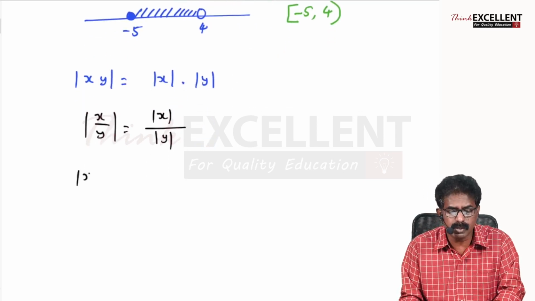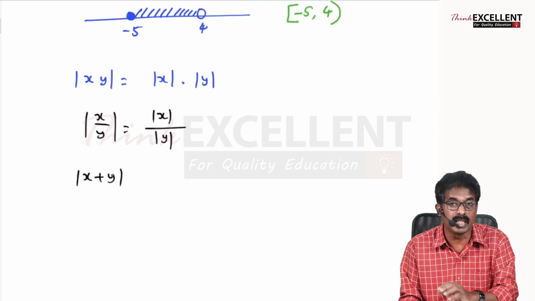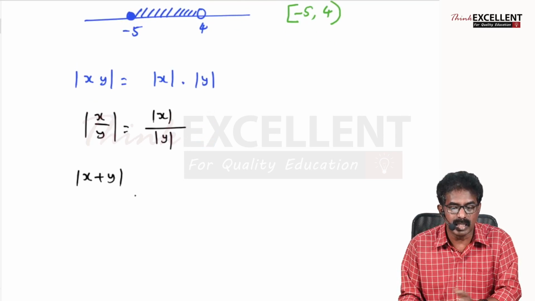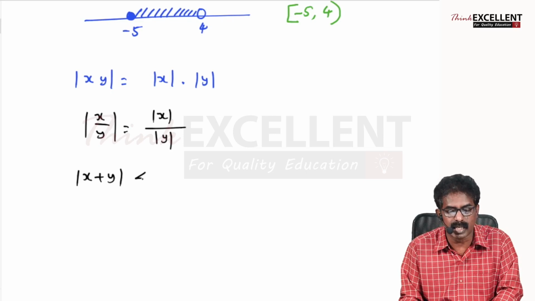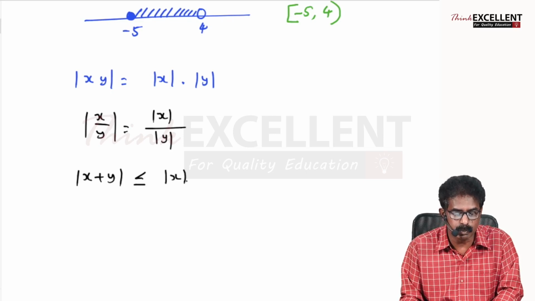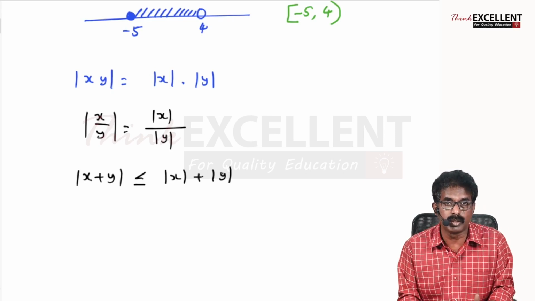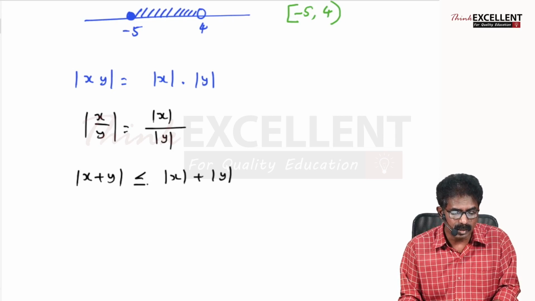And modulus x plus y, it is an inequality. Inequality means it is not equal, right? Here it is less than or equal to modulus x plus modulus y. So multiplication you can split into 2, division you can split into 2, but addition you can split, but you can't put equal. You write less than or equal to.